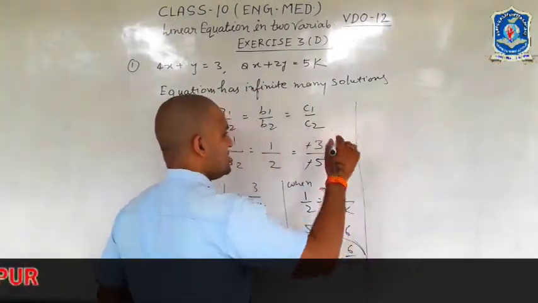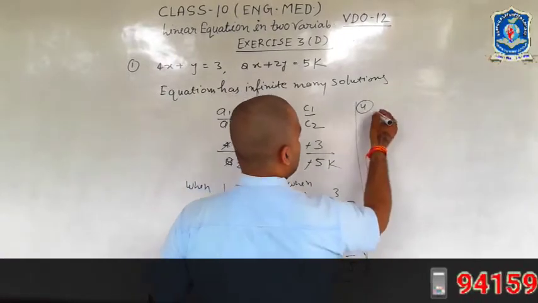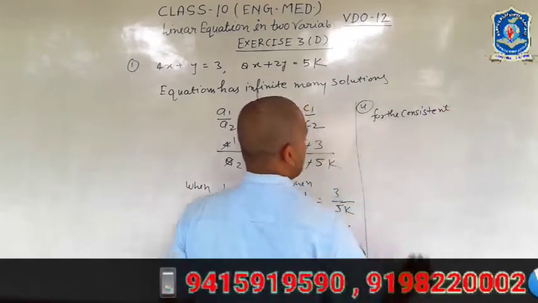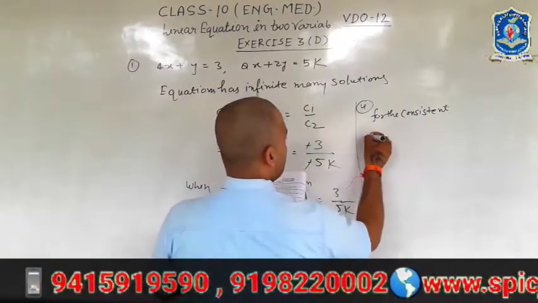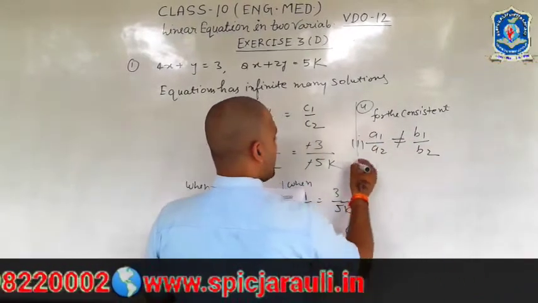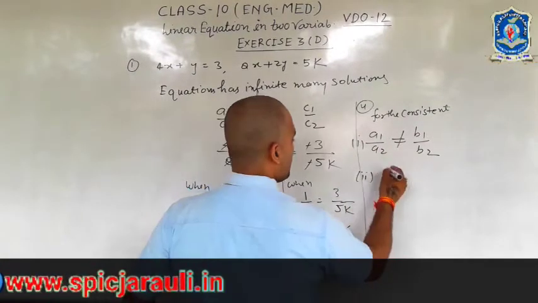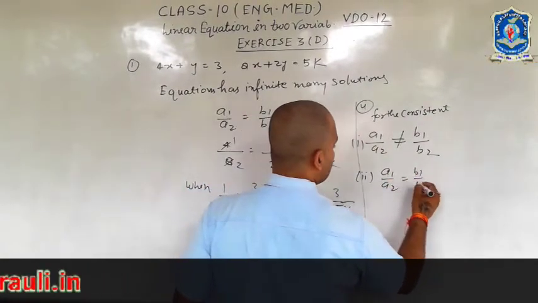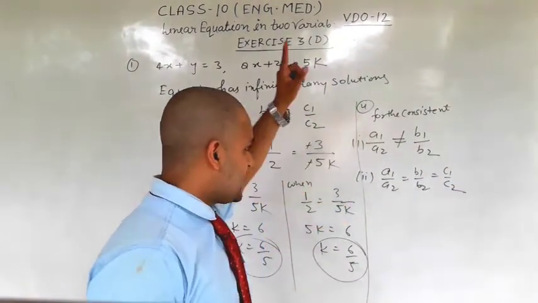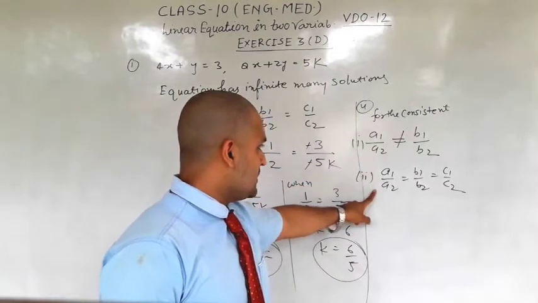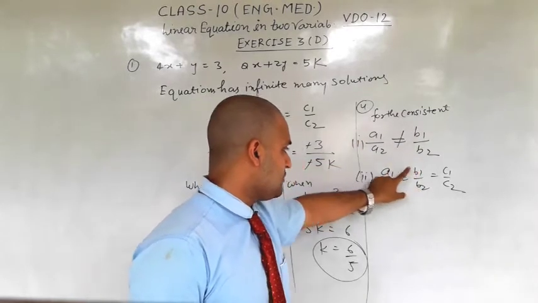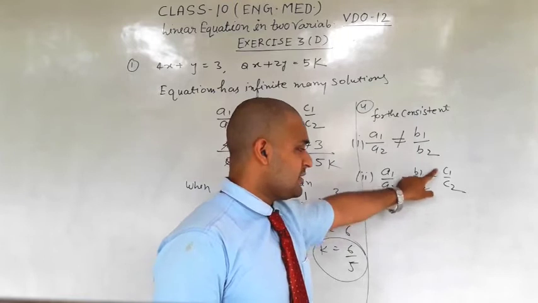For the consistent solution, we first put a1 upon a2 is not equal to b1 upon b2, and the second is a1 upon a2 equals b1 upon b2 equals c1 upon c2.